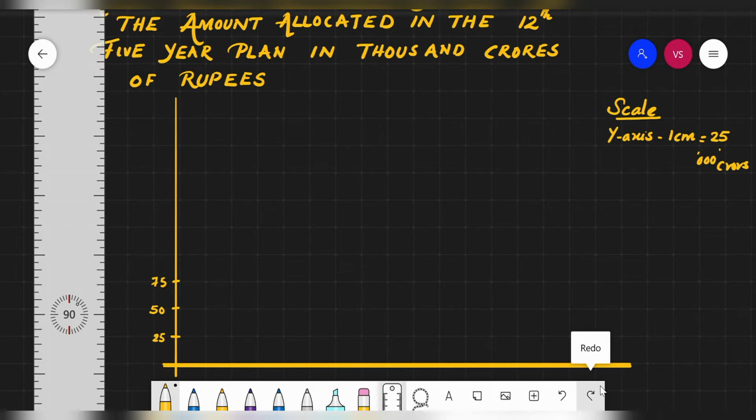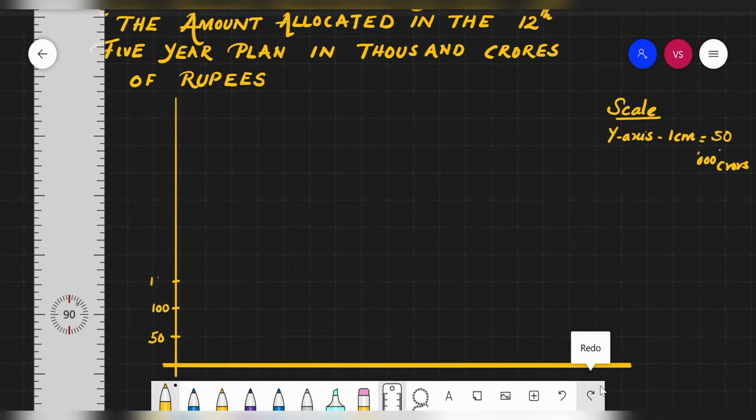I think I'll increase the scale instead of making it 25. I will make it 50, students, because the margin for me will be less here. So I'll take this as 50. This as 100.